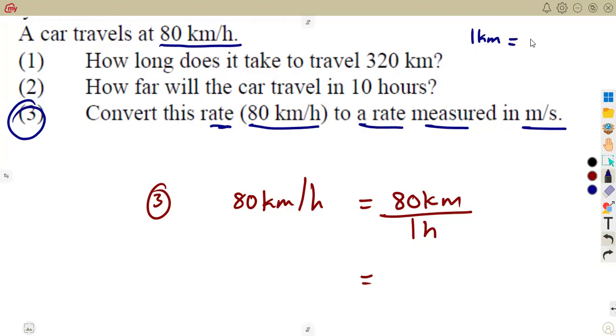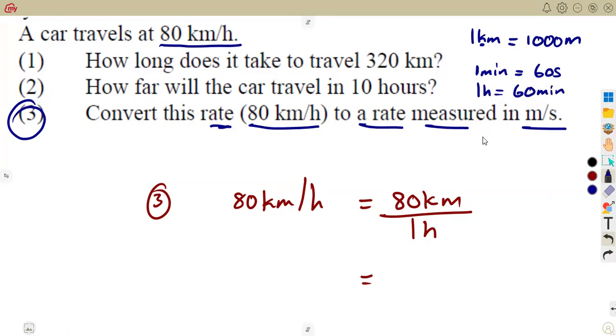1 kilometer is equivalent to 1,000 meters. Kilo means 1,000. 1 meter is equal to 100 centimeters. And all those conversions, guys, here we are referring to what? Kilometers to meters. In terms of time, remember, 1 minute is equal to 60 seconds. 1 hour, in terms of minutes, is equal to 60 minutes.